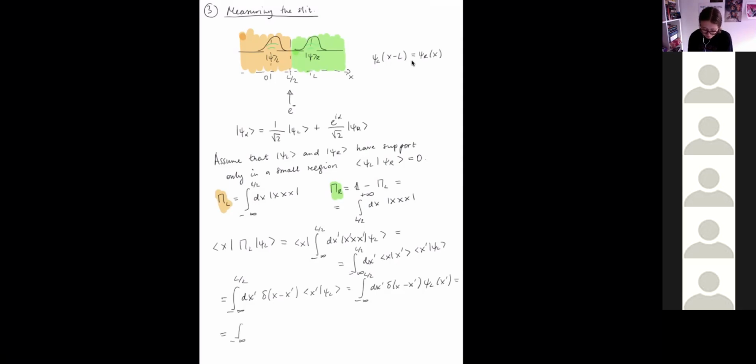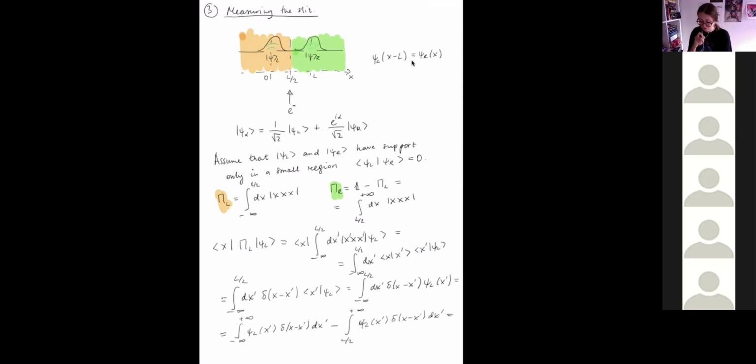So we need to write psi L of x prime delta of x minus x prime dx prime, minus what is left here: the integral from L over 2 to +infinity of psi L of x prime delta of x minus x prime dx prime.